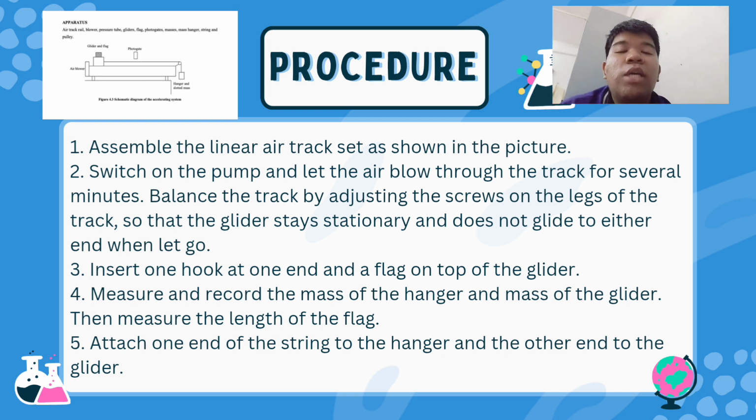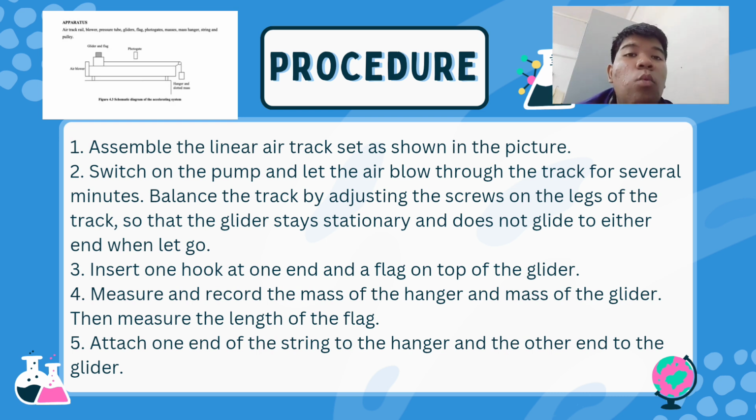And then you need to insert one hook at the end of the air track rail and a flag on top of your glider, and then measure and record the mass of the hanger and the mass of the glider every time you repeat the process for a different value, and measure the length of the flag.